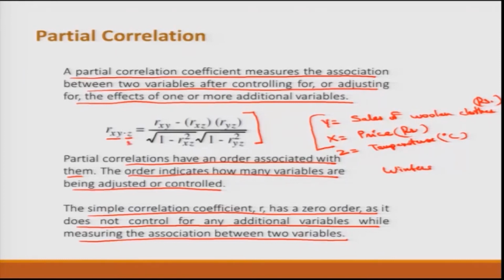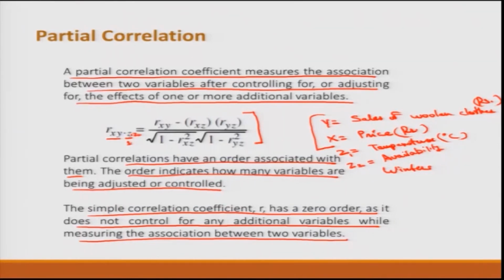So, let us say I also have some other variable Z2, if this is Z1, that is availability or market shortage. So, I can put here Z1 and Z2, two variables are controlled.